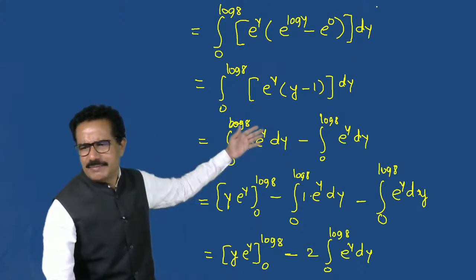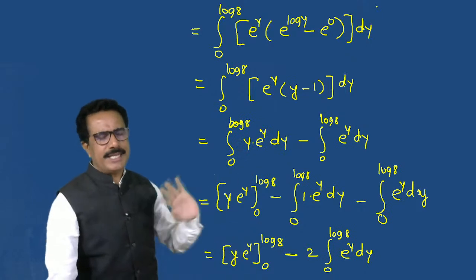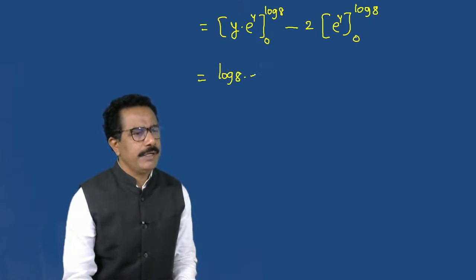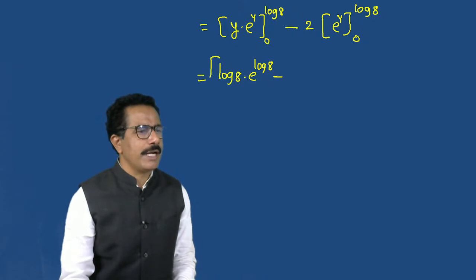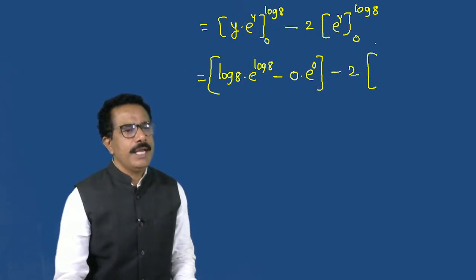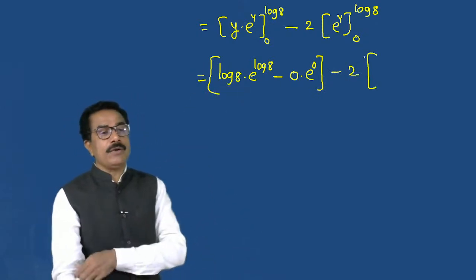You have to solve. Solve by the usual method, no problem. So keep this upper limit: y means log 8 into e raised to log 8, minus lower limit 0 into e raised to 0, minus 2. Again here keep the upper limit and lower limit.